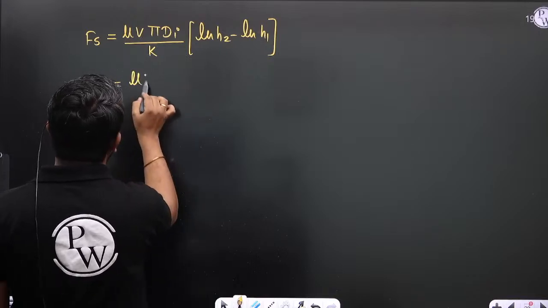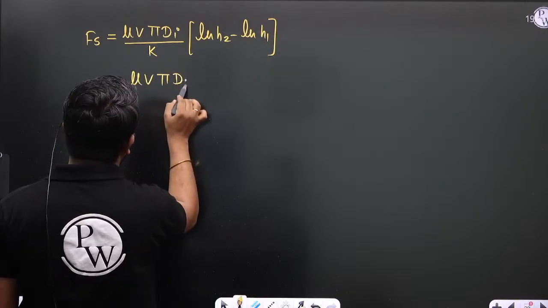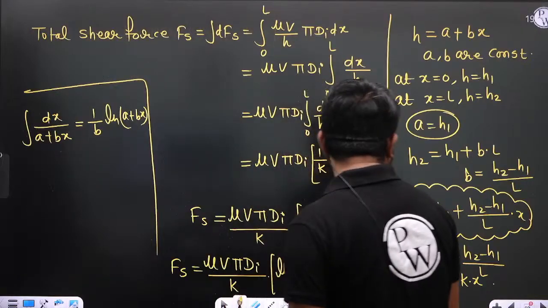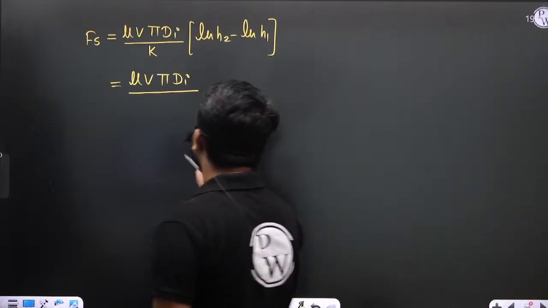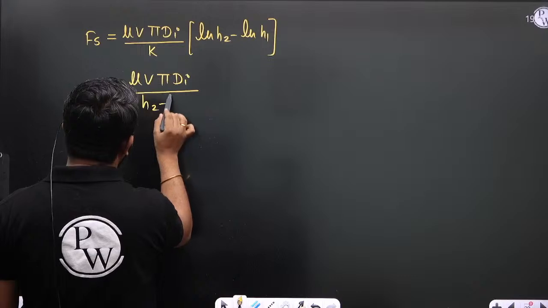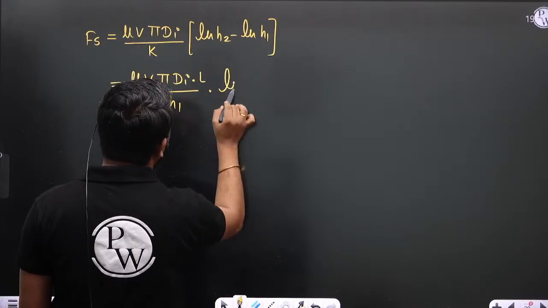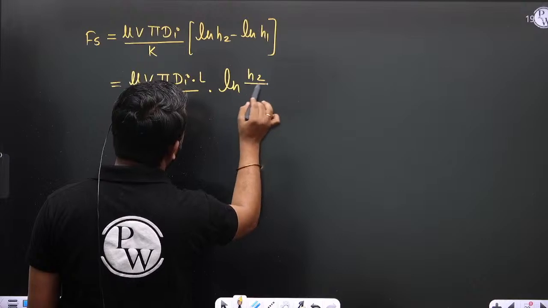So this is mu v pi di divided by h2 minus h1 into L into ln h2 by h1.